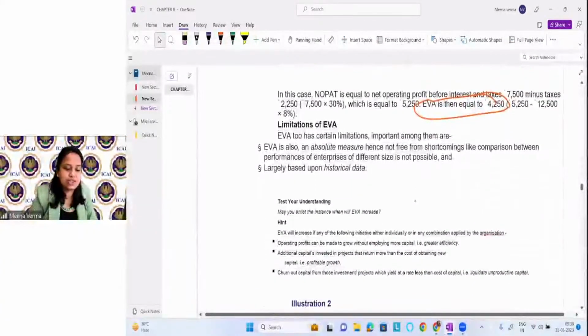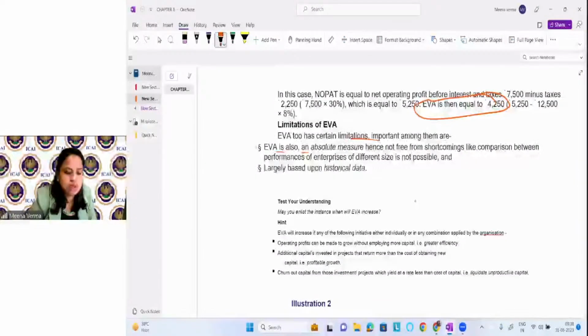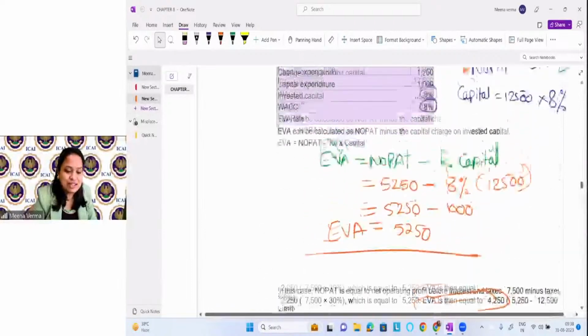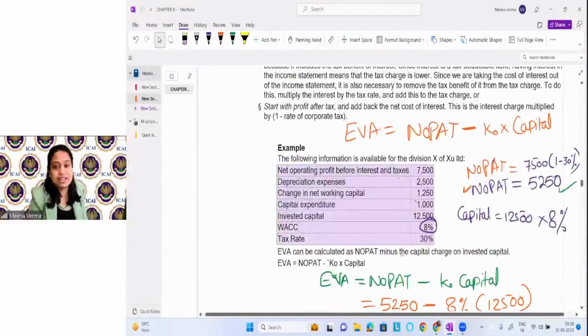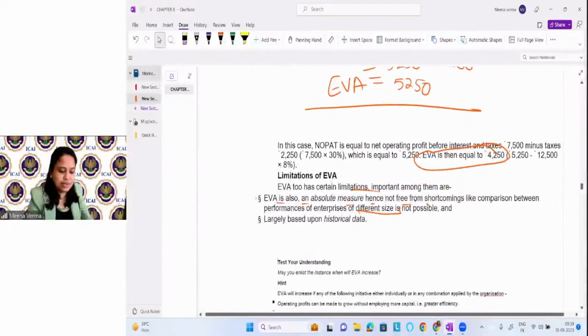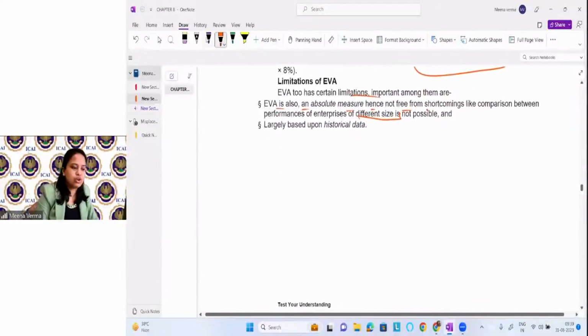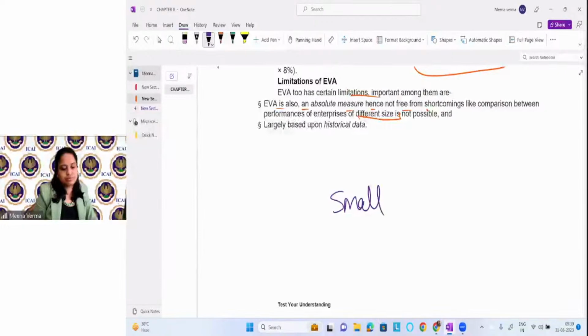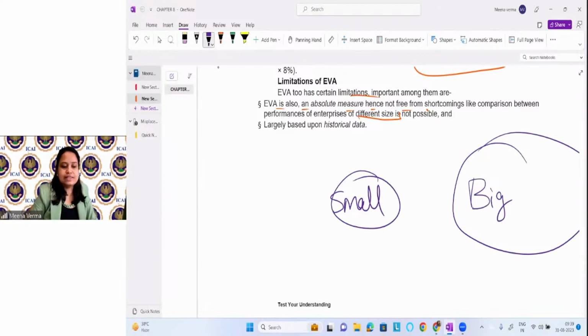Now, what is the limitation? EVA too has certain limitations. EVA is also an absolute measure, hence not free from shortcomings like comparison between the performance of enterprises of different size. In case of residual income, we have learned that if the size of the organization is not comparable, meaning if there is one small organization and one big organization, RI will not give you the right result.